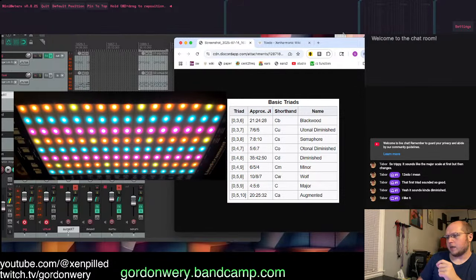Sub minor, minor, major, super major, that would be the same in every system. You might as well just say augmented for major, major. And then it would be a question like, in 22 we're calling that magic, so what would you call the inversions?